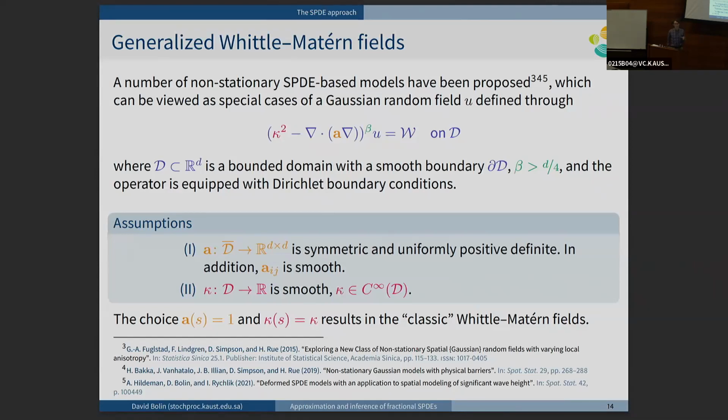These assumptions can be greatly relaxed. For most of what I'll be talking about today, you don't need this smoothness. You can reduce kappa to just be bounded, and A can be assumed to be Lipschitz, for instance. But to keep things simple, this is the assumption we make here. We will further assume that we have a smooth boundary on the domain.